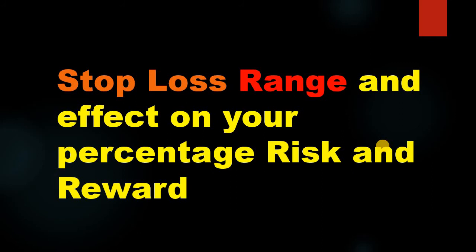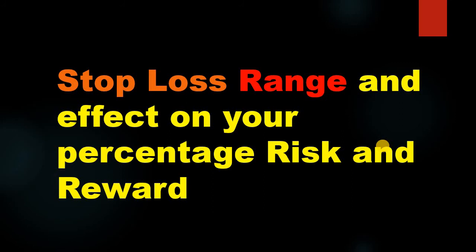The risk is fixed by the trader. If I say I want to risk 1% of my account, it doesn't matter if I'm using a 10 pips stop loss or a 100 pips stop loss. All I need to do is to readjust the lot size in order to give me my 1% minimum risk.